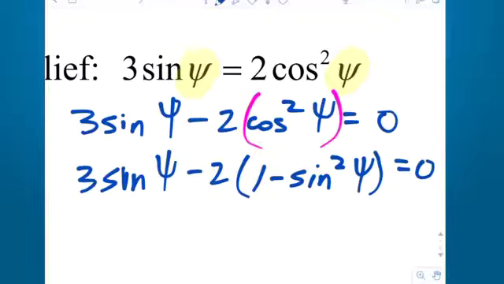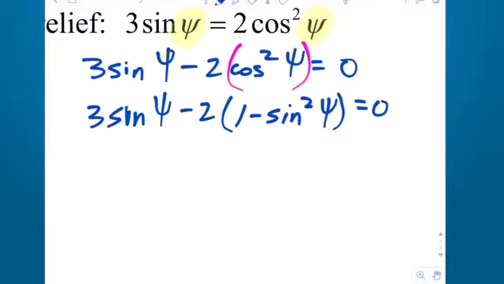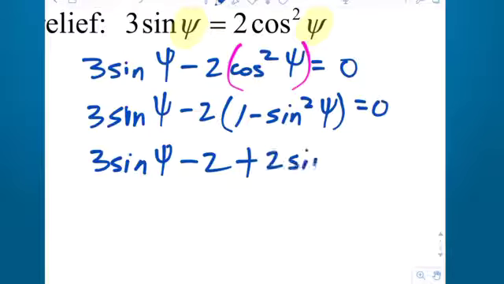Shouldn't have to look it up or anything. And now we'll distribute. We'll expand it out. So we get 3 sine of psi minus 2 plus 2 sine squared of psi equals 0. So now the angles are the same. That's good. And I have everything in terms of sine, which is good. But there's still nothing common here because the middle term doesn't have a sine in it.